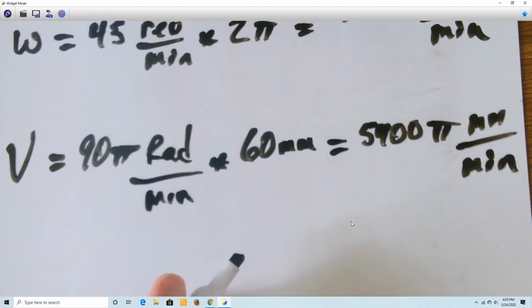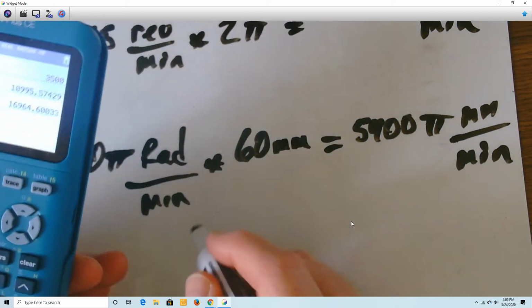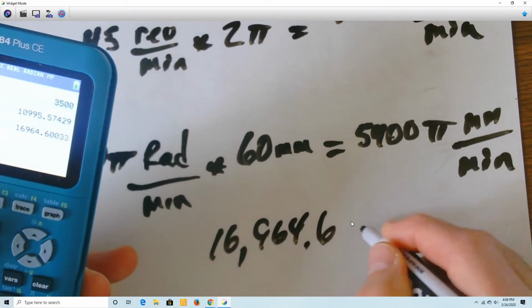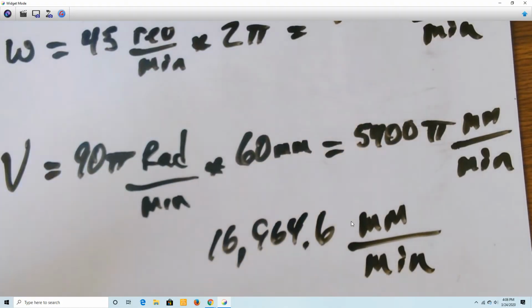Okay, so that's how fast it's moving down the road. And we'll change that to a decimal, and we get 16,964.6 millimeters per minute. All right, how fast it's moving.